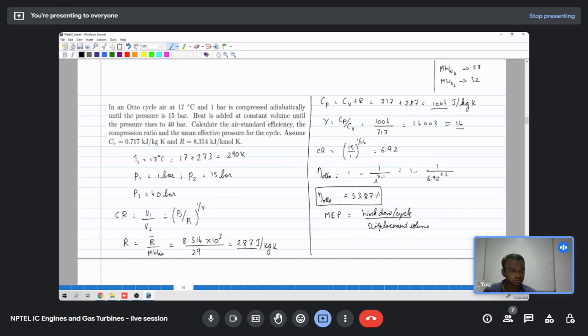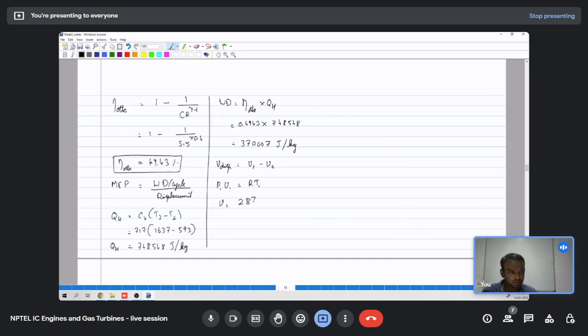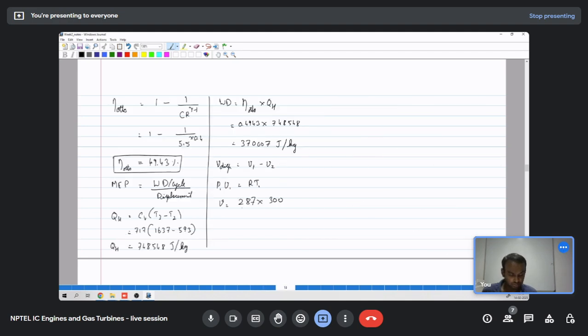So V is 287 into temperature at first state, 300 Kelvin, by pressure at first state, which is 1 bar, 10 power 5 pascals. So we have 0.861 meter cube per kg.